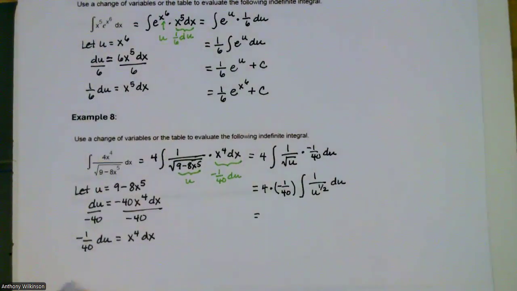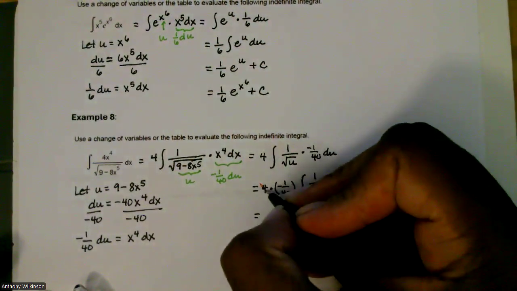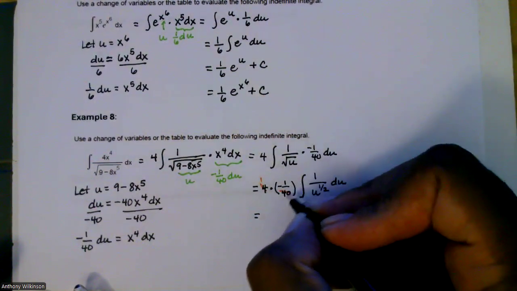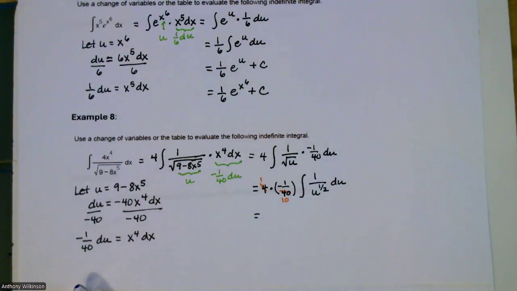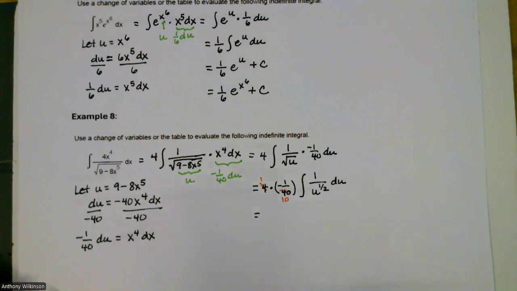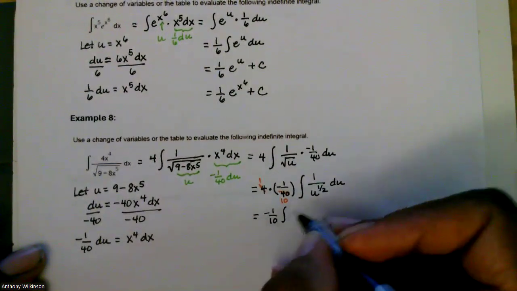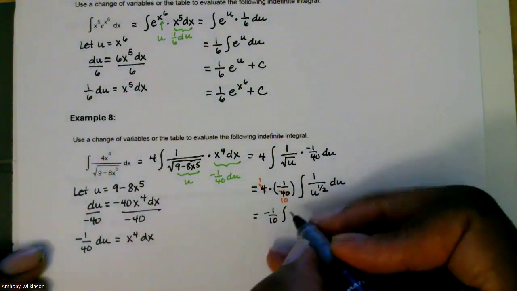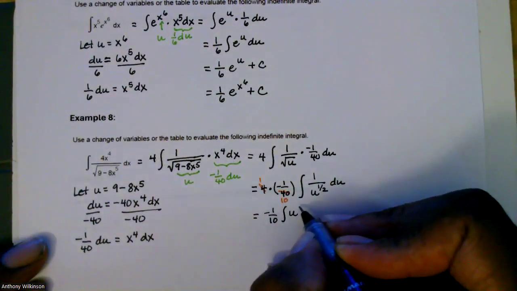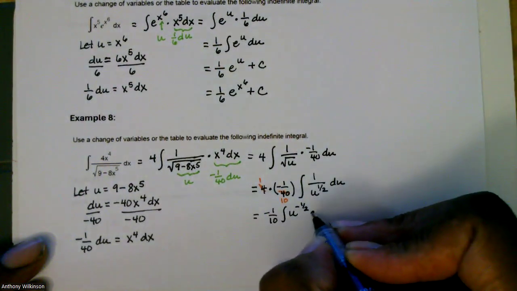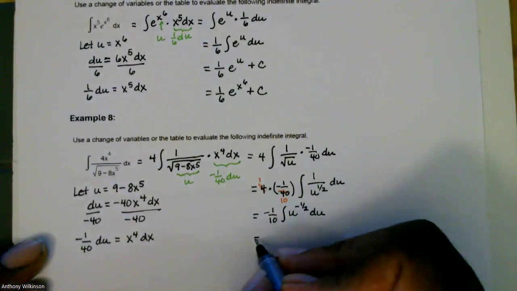And I'm also going to multiply 4 times 1 over 40. When I do that, 4 goes into itself 1 time, 4 goes into 40 10 times. So that's going to be a negative 1/10. Negative 1/10 times the integral of, and I'm going to pull that u to the 1/2 out of the denominator and write it as u to the negative 1/2 du.